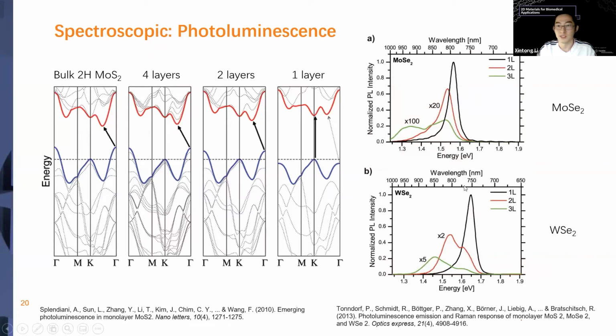And we can see from these figures, these are not MoS2, but very similar material, group 6 TMD materials. We can see because of the direct band gap of monolayer, the peak intensity of the PL spectra for monolayer is much bigger than the bilayer and trilayer. We note that these signals are actually magnified by these numbers.